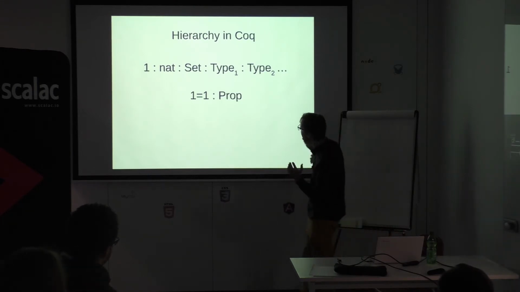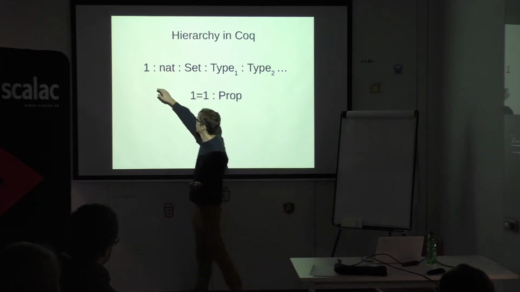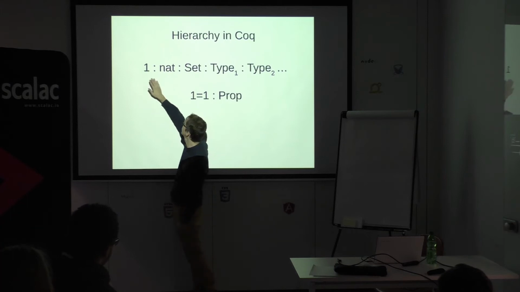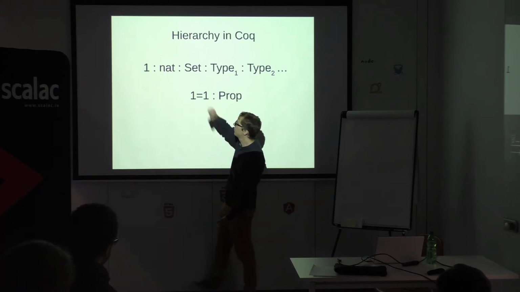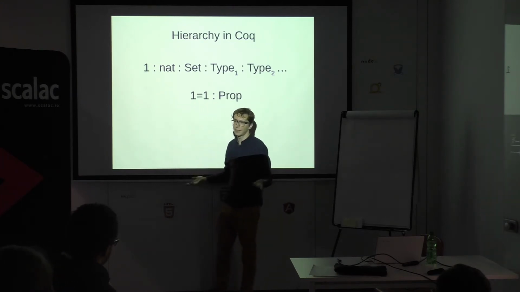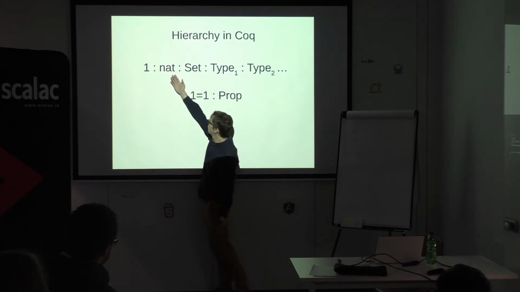So two more things. There is a hierarchy in Coq. So what is the type of 1? Well, 1 is a natural number, so we call this nat. So what is the type of nat? So natural numbers are set. So the type of nat is Set.